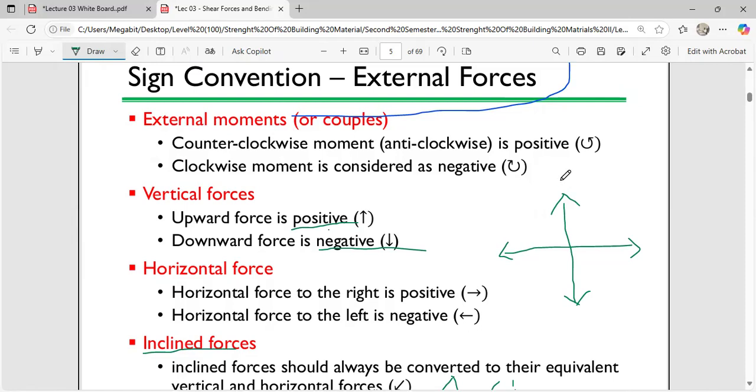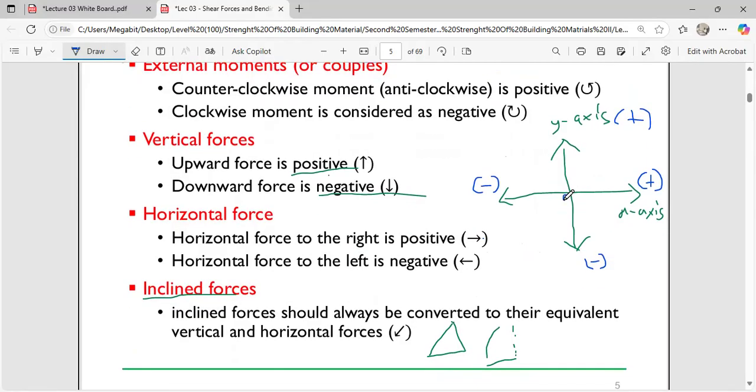So if you take the coordinate axis, assuming this is your y-axis, which is the vertical, and the one moving in the horizontal axis is your x-axis, then from the slide we just read, the ones moving upwards are always positive, and the one moving downward is negative, and also the one moving towards the right hand side is positive, and the one moving towards the left hand side is negative. So you can assume here to be your origin.